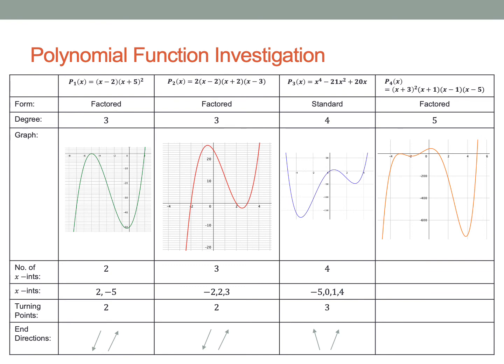So this is important. You can see there's 4 distinct factors, right? x plus 3, x plus 1, x minus 1, and x minus 5. But x plus 3 is what's called a repeated factor, because it has an exponent of 2. So that's why it only has 4 x-intercepts.